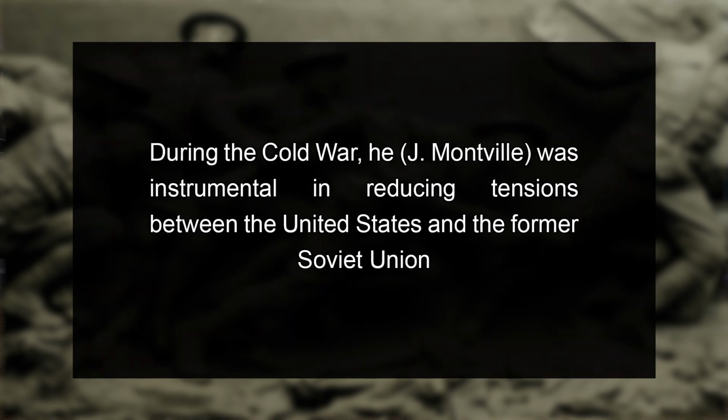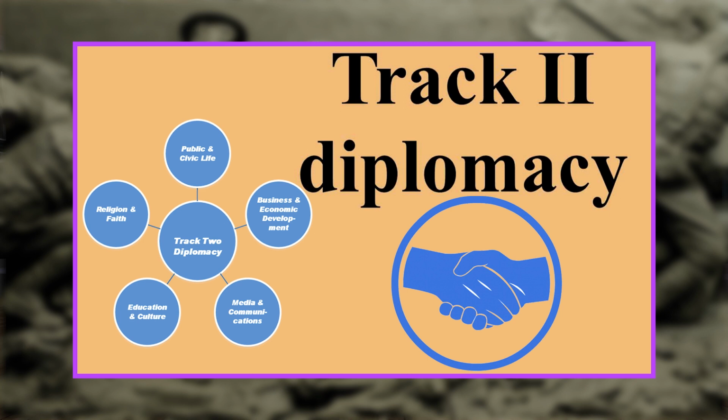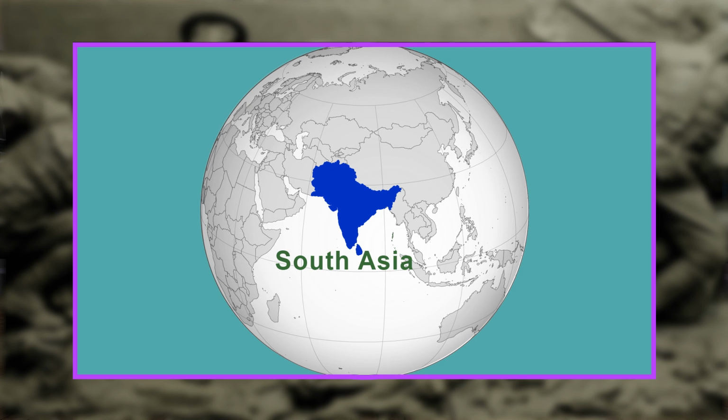During the Cold War, he was instrumental in reducing tensions between the United States and the former Soviet Union. His theory and conflict resolution model, Track Two Diplomacy, has been widely praised by academics and peace activists around the world. Montville has also been active in South Asia, introducing his Track Two Diplomacy mechanism to non-Western societies.